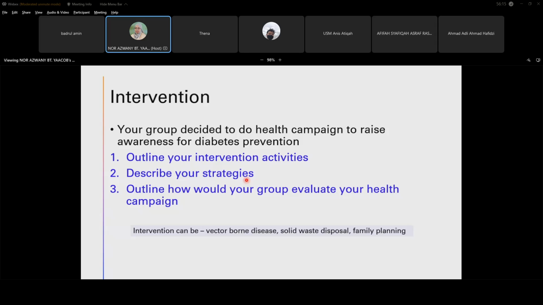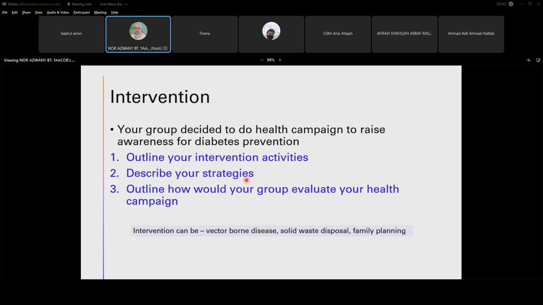Only that, make sure when you are answering activities, answer activities, not strategy. Many students lose marks because they mix this up. They are so excited. Let's say your group is doing hypertension and the scenario is on hypertension. They ask to outline activities. You start with strategy, blah blah blah, and then activities.